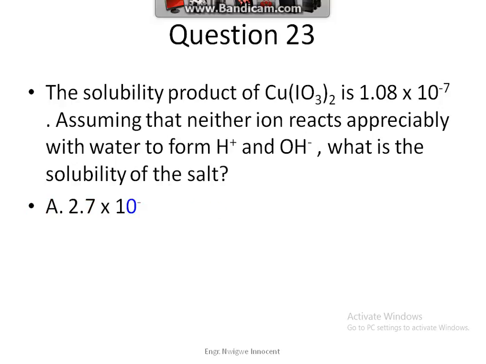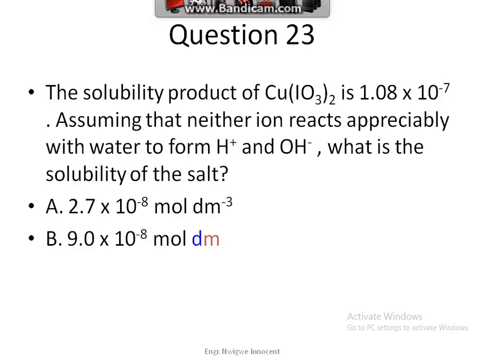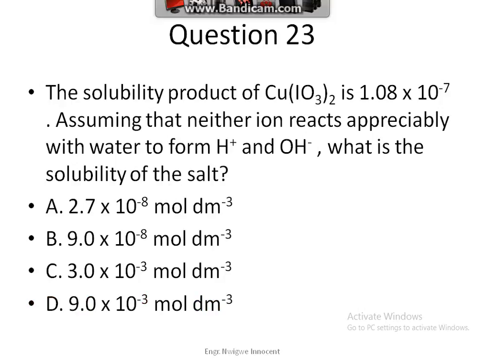A. 2.7 times 10 raised to the power minus 7 mole per dm cube. B. 9.0 times 10 raised to the power minus 8 mole per dm cube. C. 3.0 times 10 raised to the power 3 mole per dm cube. D. 9.0 times 10 raised to the power minus 3 mole per dm cube.